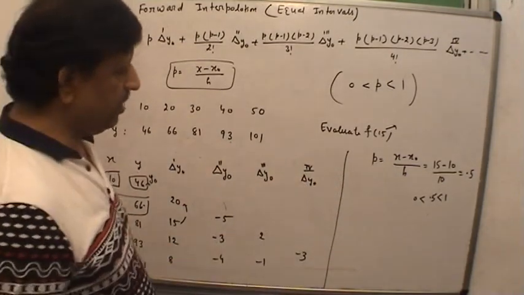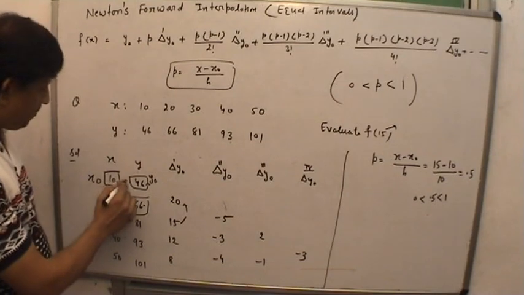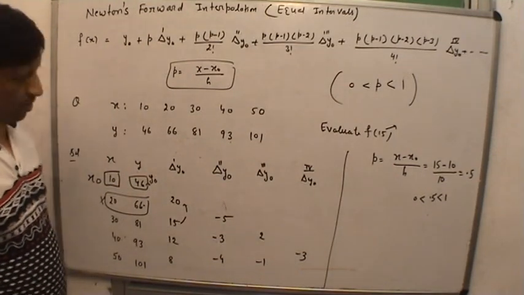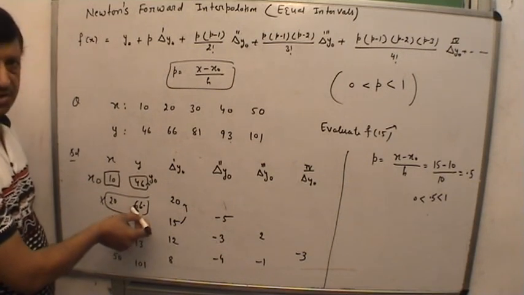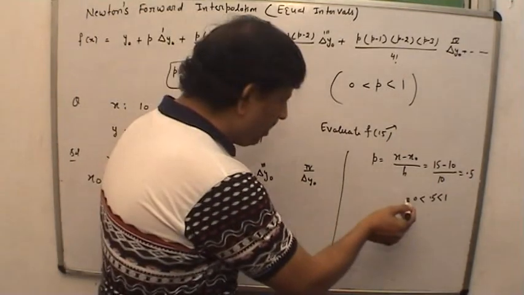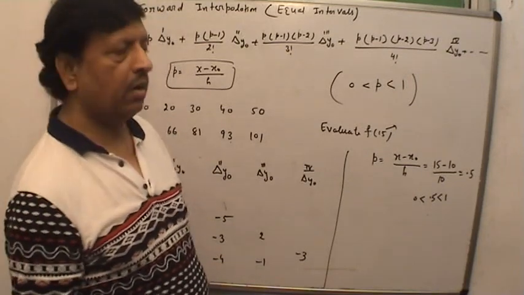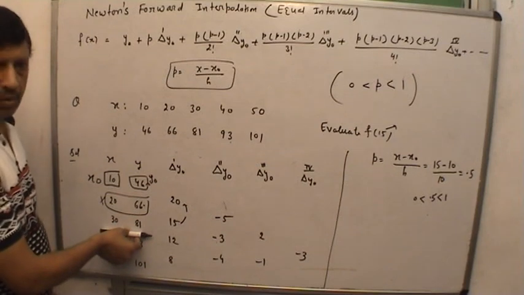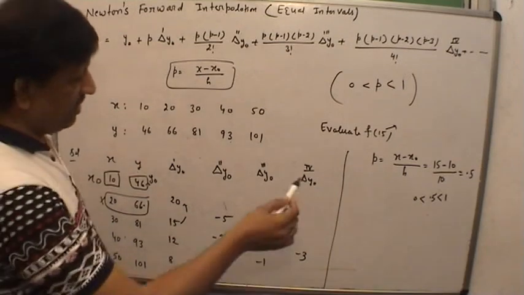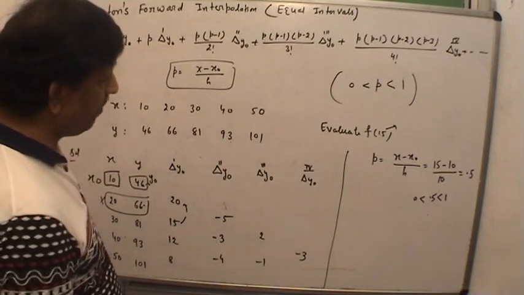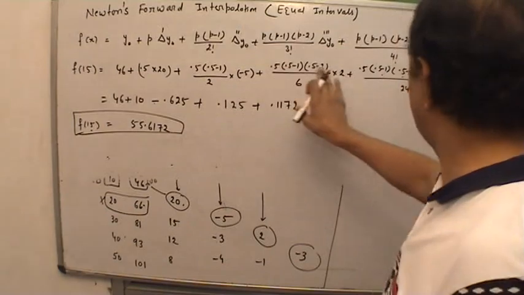If the value of p doesn't satisfy this condition, it means we cannot consider these values as x0 and y0, so we shift to the lower values, that is 20 and 66, and again we check the value of p. If it is satisfied, then okay. If it is not, then again we move to the next pair of values. In this case, the value of p is obeyed. Now we have considered values up to delta 4.